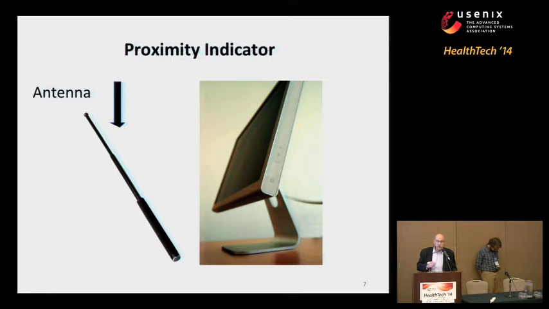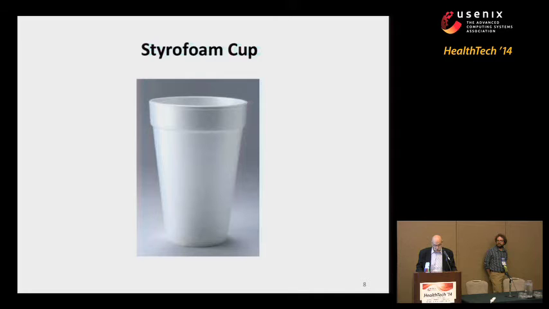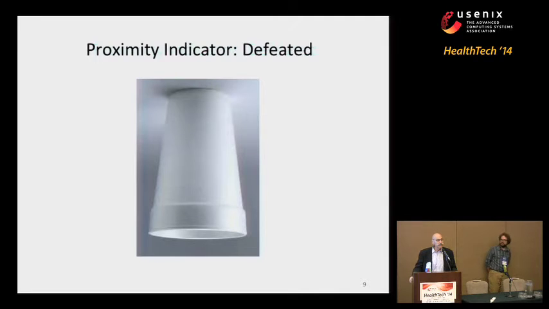So what some people did is they put a proximity indicator on the computers themselves, but the problem is that doctors and nurses don't do medicine the way the IT department thought. They walk away, they test the patient, they talk to the patient, they find a document. So what everybody did is they used this device, HealthTech, and they put it on top of all of the proximity indicators, thus defeating them, leaving the system in use.